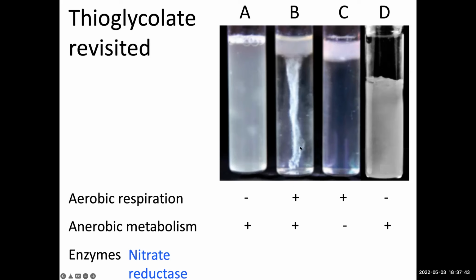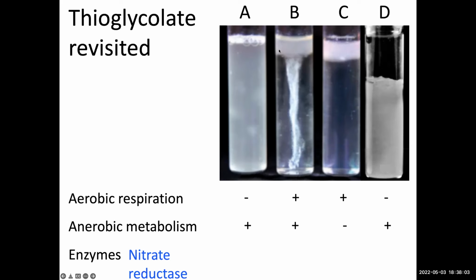And the definition of a facultative anaerobe is it prefers oxygen, which is really a bit of a misleading term. It's going to grow faster in oxygen. And it has a way to grow without oxygen, but it's going to grow slower without oxygen.